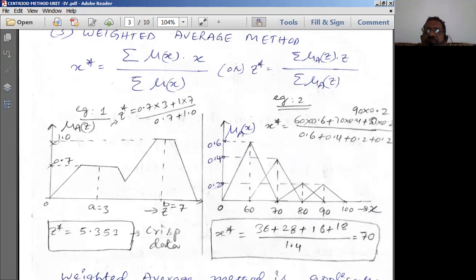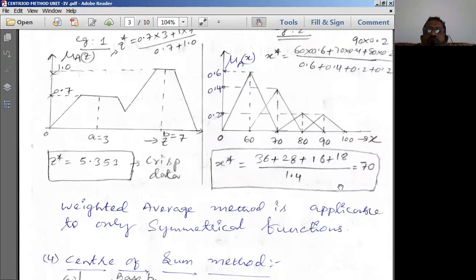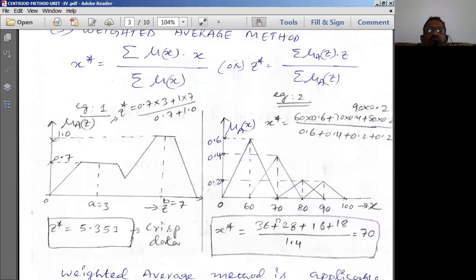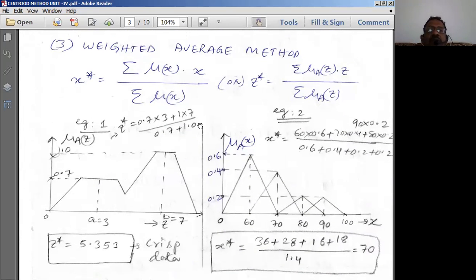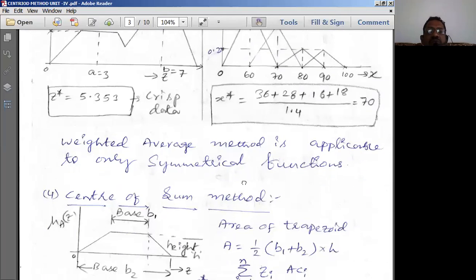So I just skipped that, divided by the sigma of mu x values, that is 0.6 plus 0.4 plus 0.2 plus 0.2. When you solve for this, you get x star equal to 70. That is the final crisp data that we have got using this weighted average method.